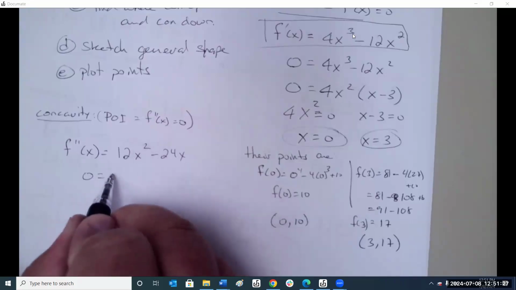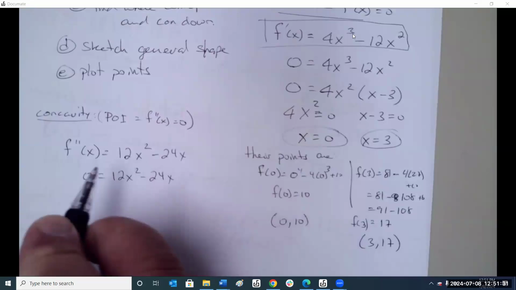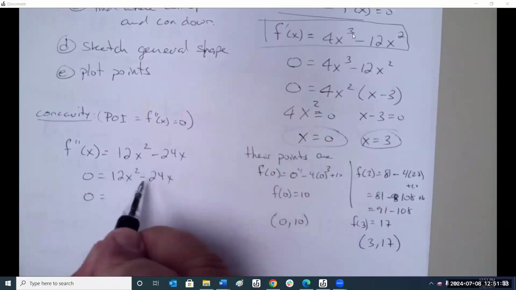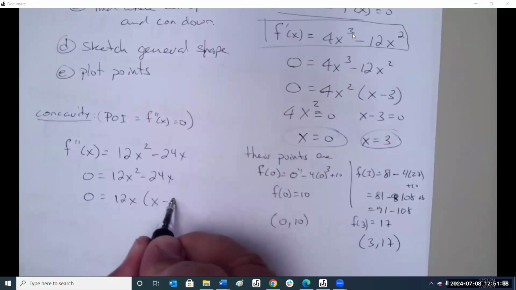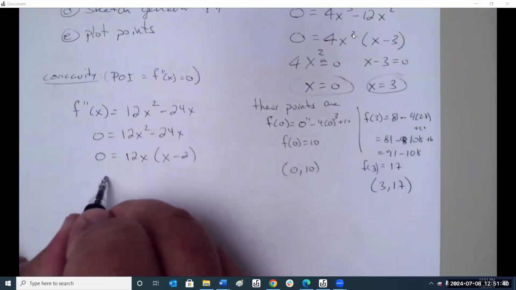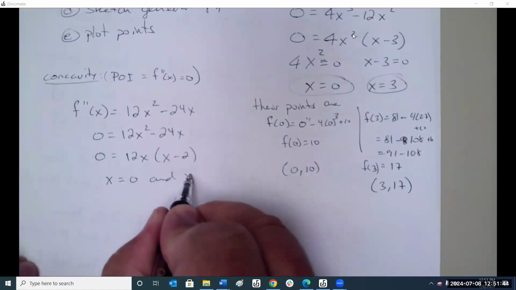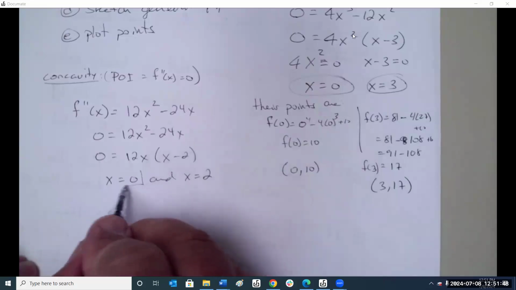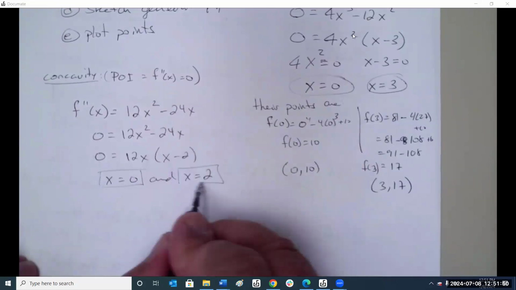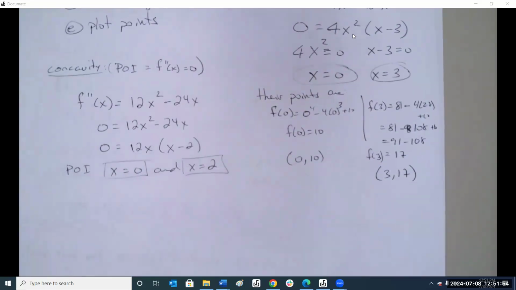Set that equal to 0. We can take out a 12x. So x is equal to 0 and x is equal to 2. These are the points of inflection.